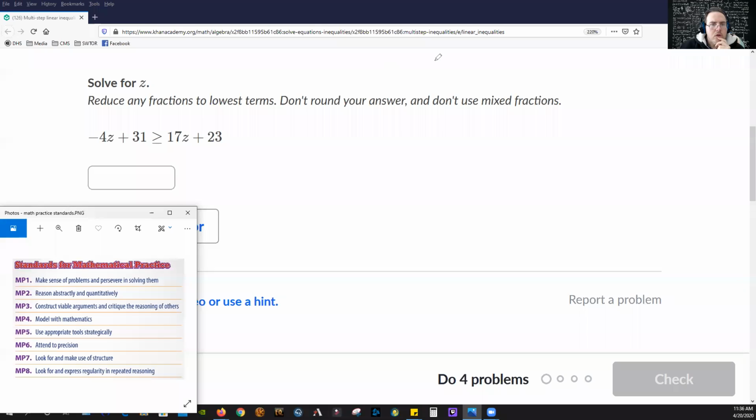So, let's just make some sense here. Okay, so it says I need to solve for z. Reduce any fractions to the lowest terms. Don't round your answer, and don't use mixed fractions. Okay. So I read the directions, and then I got, whoa, what is this thing?